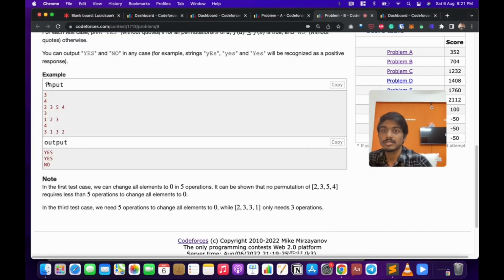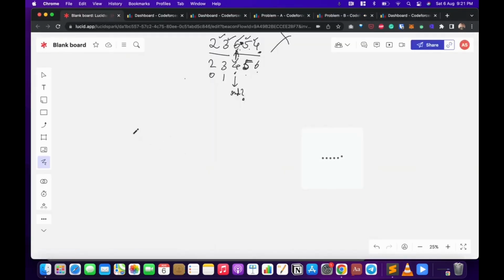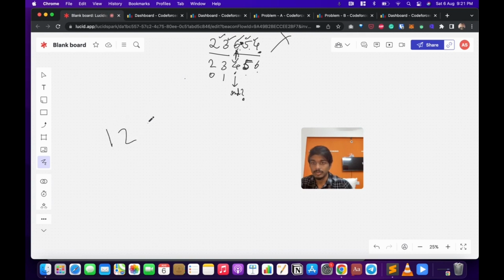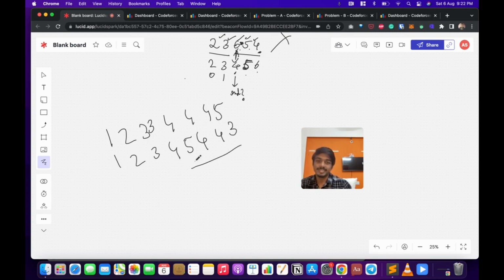Let's assume a case. It is 1, 2, 3, 4, 4, 4, 2, 3, 4. This is also valid only, right? This should straight increase. This should also straight increase. That's the only condition.